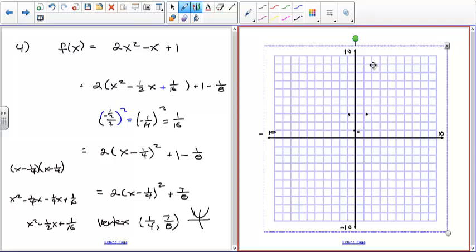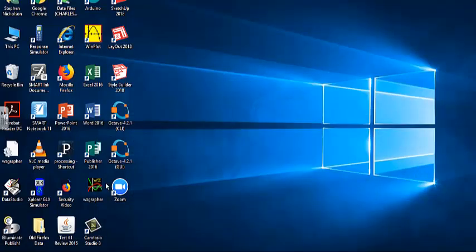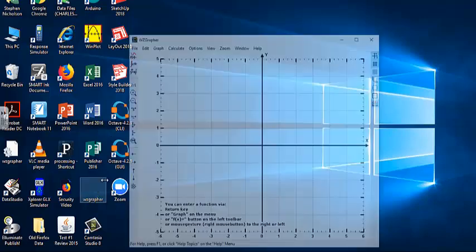Just going to put you right up here. And then symmetry puts you right there. And so there's your approximate graph.